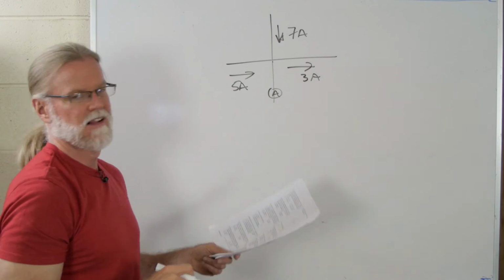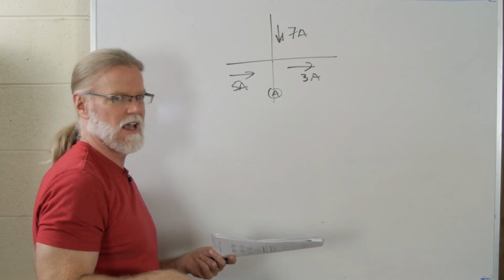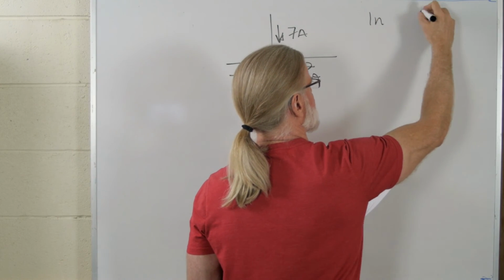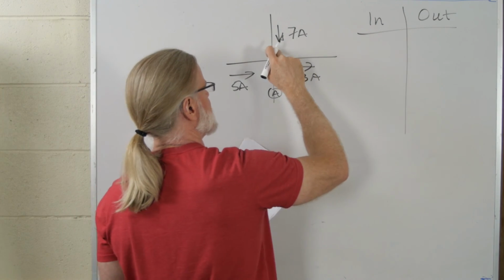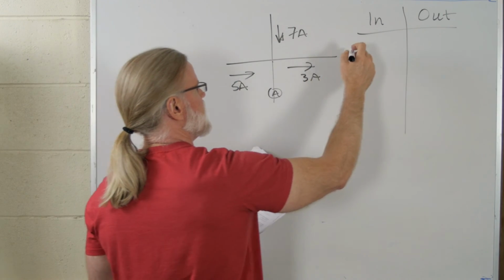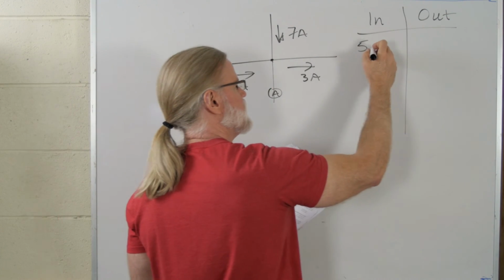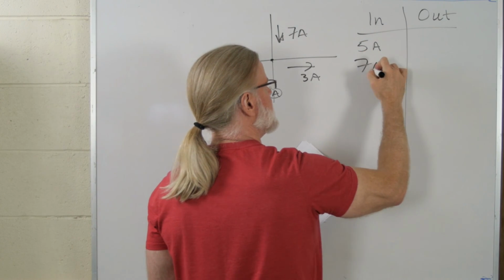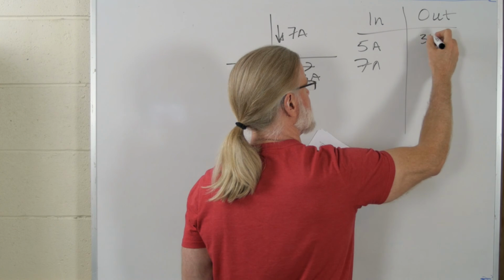It's just like cars going into an intersection. The number of cars coming in has to equal the number of cars leaving. So I'm going to make a chart to make sure I don't mess up, especially if we had a lot of them. This one's kind of easy. We have 5 amps into the junction, 7 amps into the junction, and 3 amps going away from the junction.